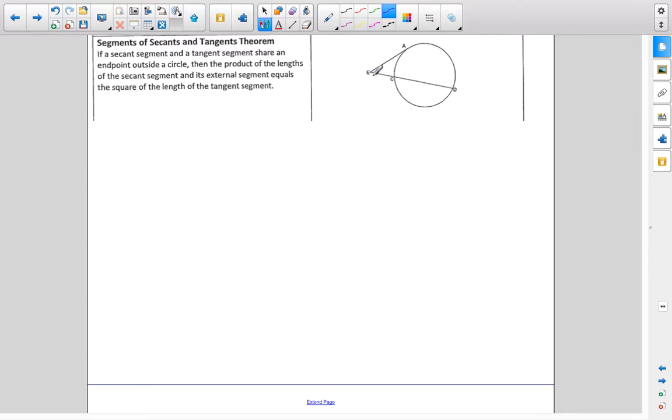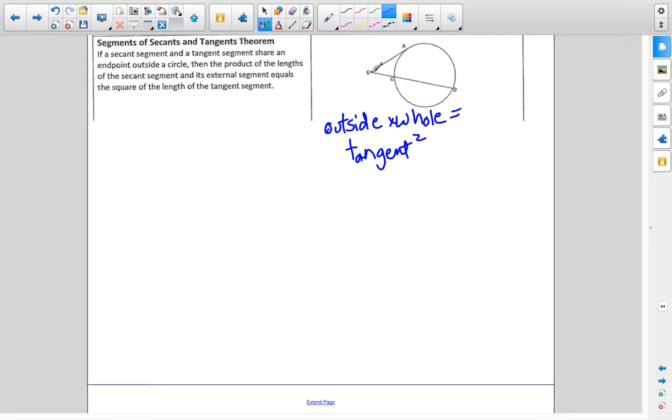Now sometimes we'll have a secant segment and a tangent. So the secant segment is the same. Outside times the whole equals, and we don't have an outside or a whole here, so we take that tangent and multiply it by itself.